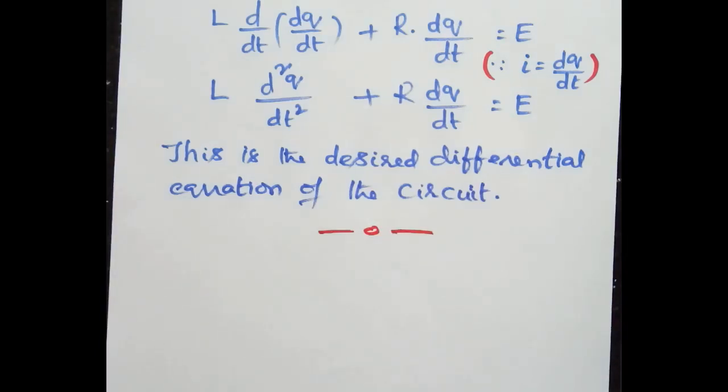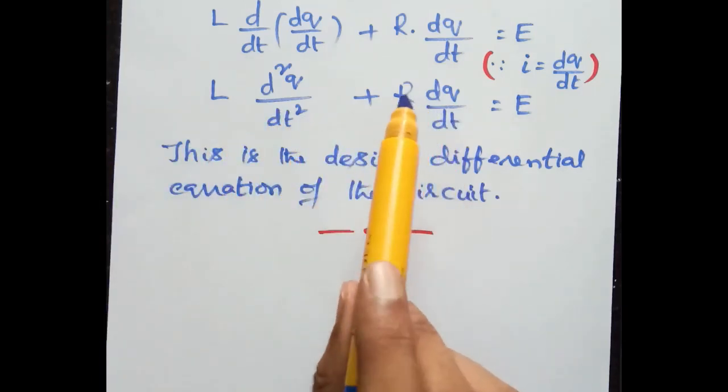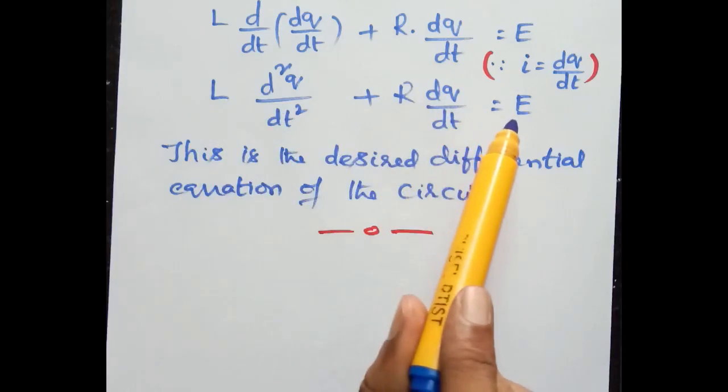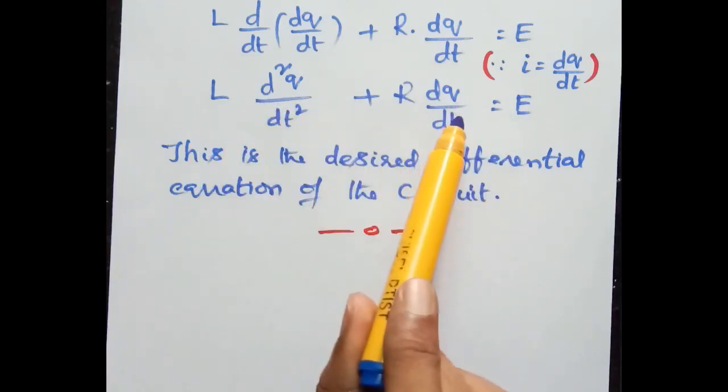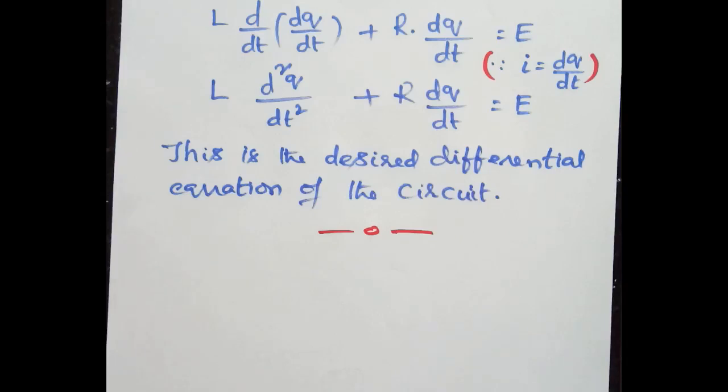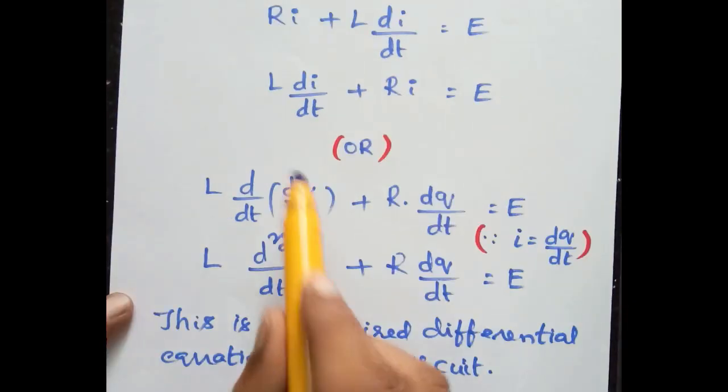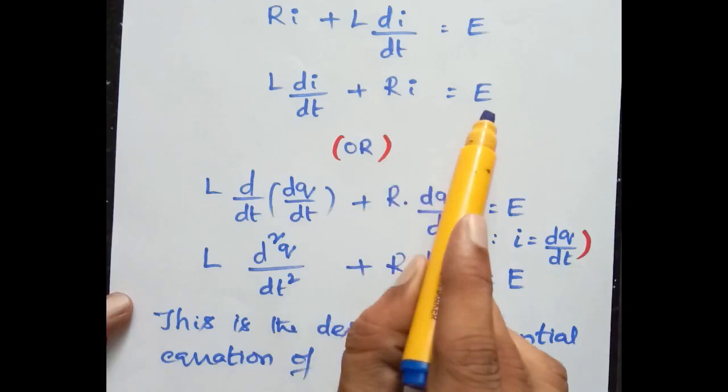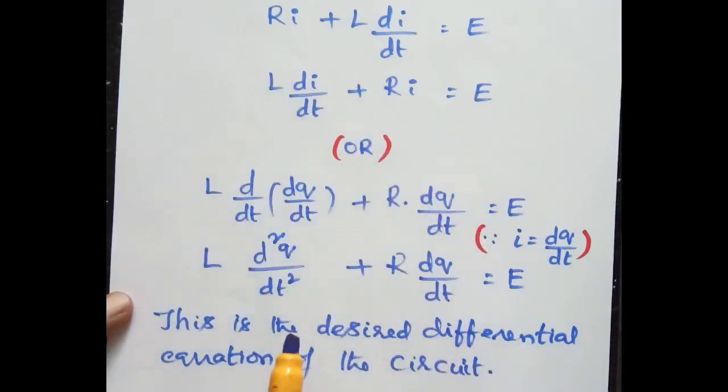So after modeling the given electrical circuit by using Kirchhoff's first law, we got a linear differential equation of second order in terms of charge q. We got a linear differential equation of first order in terms of I, L into di by dt plus Ri is equal to E. First order in terms of I, second order in terms of q.